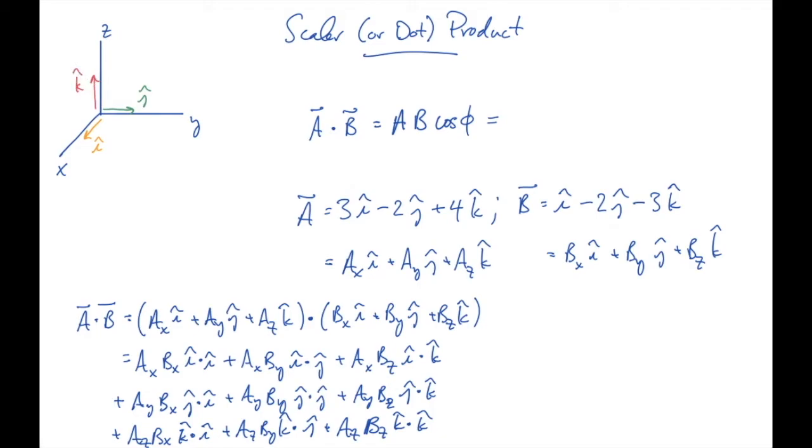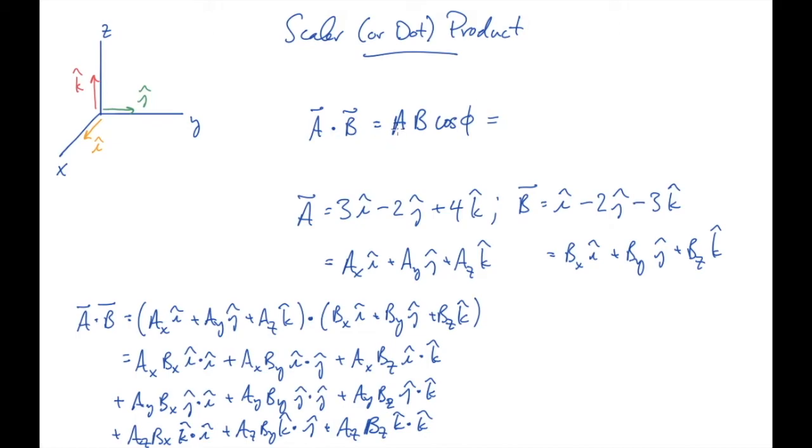Okay? So now let's go through and see if we can work out what all of these dot products are. i hat dot i hat. If I want to calculate the dot product, all I can do so far is use this definition here. It tells me the dot product of 2 vectors, i hat and i hat in this case, is the magnitude of the first times the magnitude of the second times cosine of the angle between them.